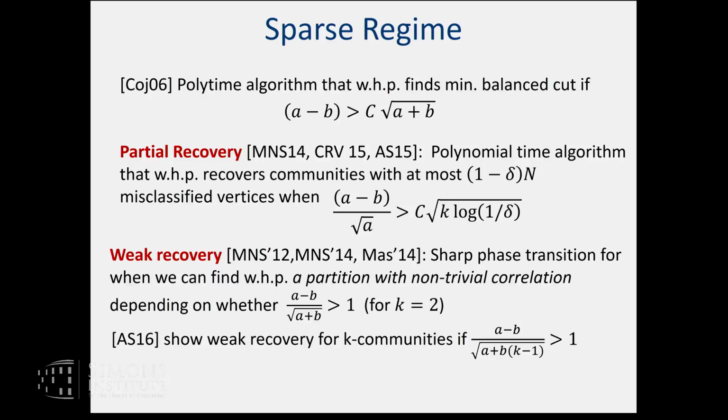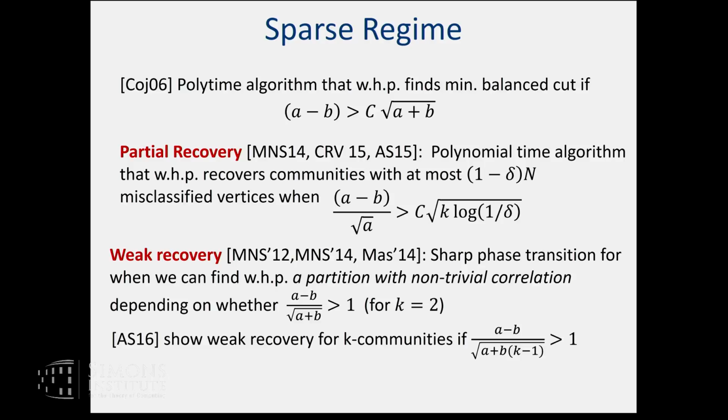Okay, and the last line of work is about weak recovery, where the goal is to basically try to output some partition which has non-trivial correlation with the planted partition. So for k being 2, you just want the partition to have more than half correlation with the planted partition.